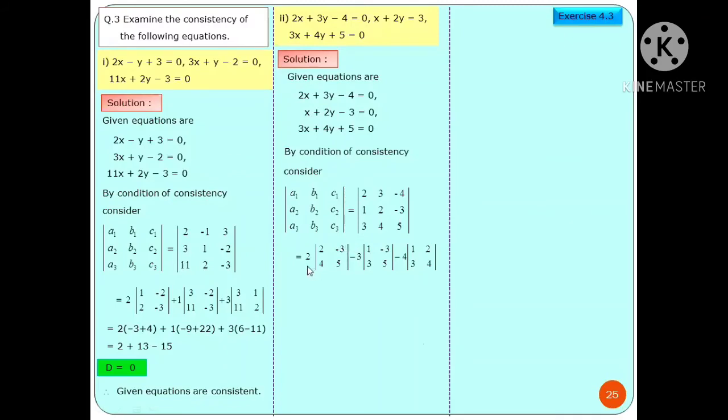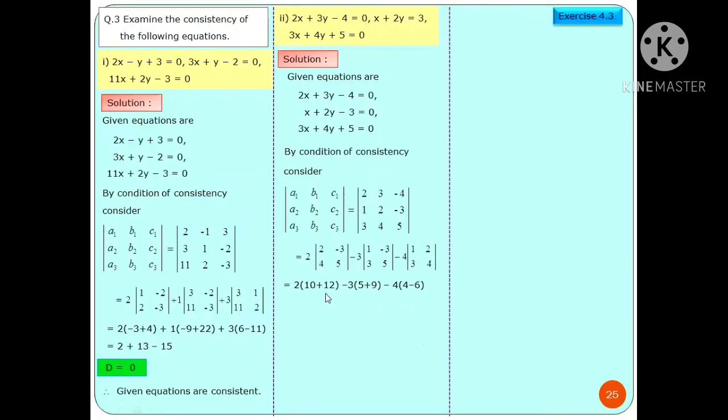Now solving determinants of order 2. 2 multiplied by 5 is 10, minus 4 into minus 3 is minus 12. It becomes minus minus plus, 10 plus 12. Minus 3 times 5, minus minus again plus 9. Minus 4 times 4 minus 6.